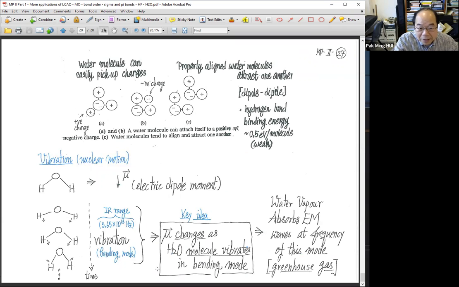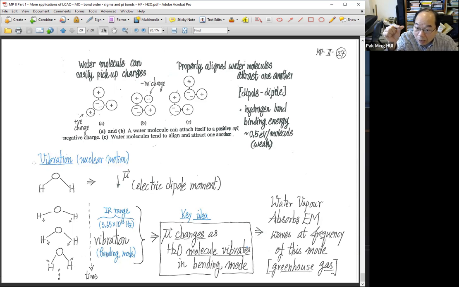And also that makes them a very good solvent. It could dissolve salt, for example. So sodium chloride goes in, so they form sodium plus and chlorine minus, and they can be attracted to different ends of water molecules.